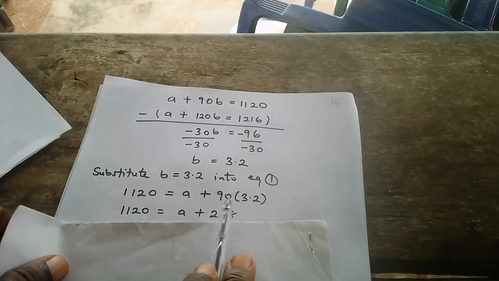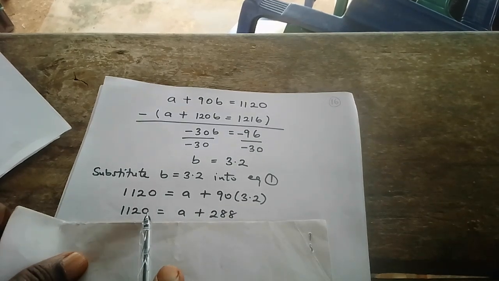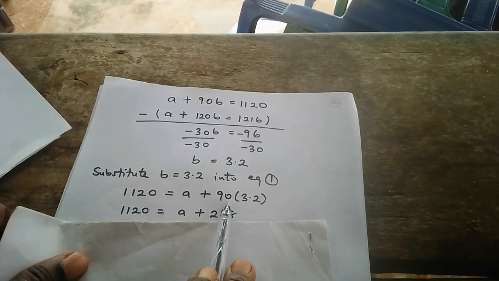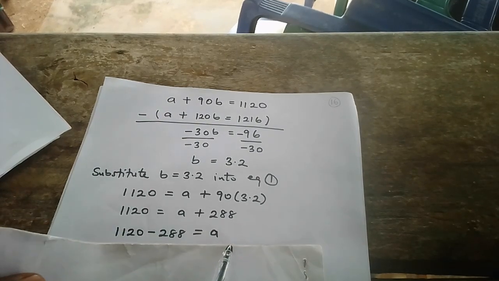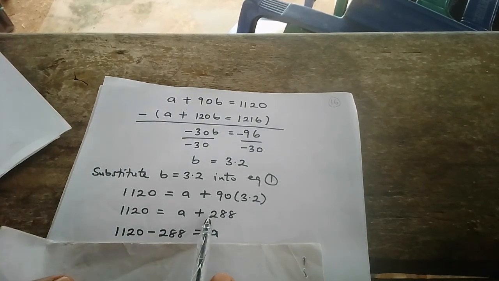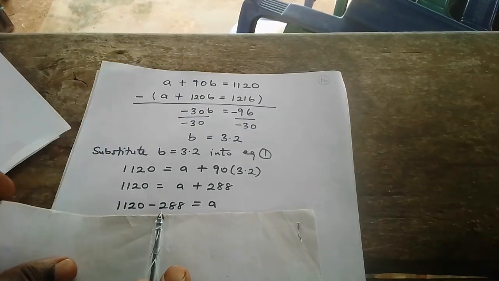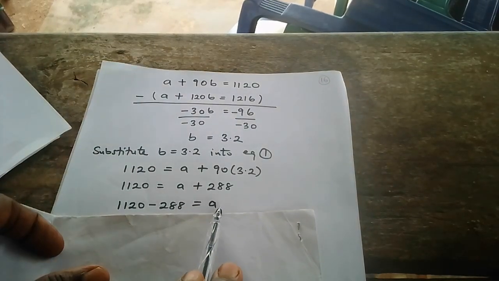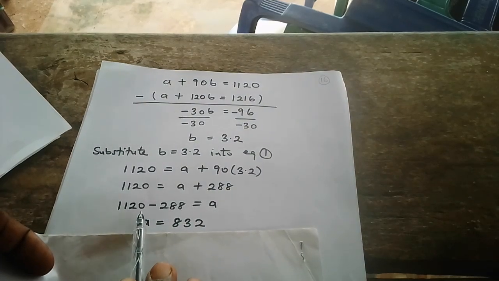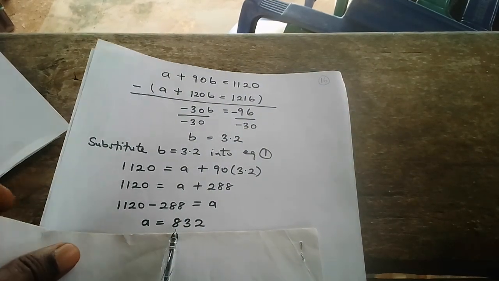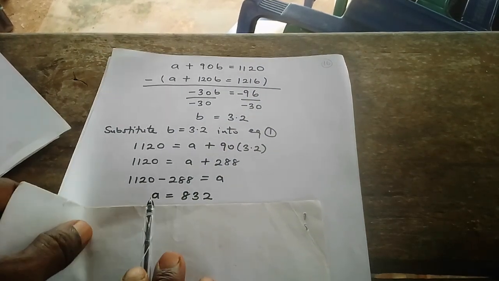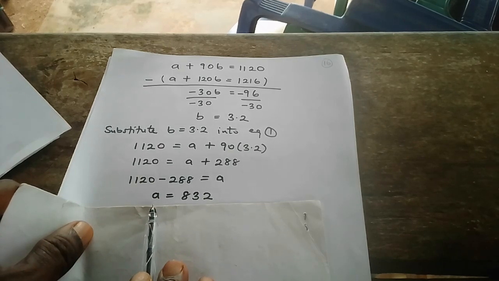When you put 3.2, you have 1120 is equal to a plus 90 times 3.2, which will give us 288. So if you bring this plus 288 to the other side, it gives us minus 288 is equal to a. So 1120 minus 288 will give us 832. So the value for a is 832.